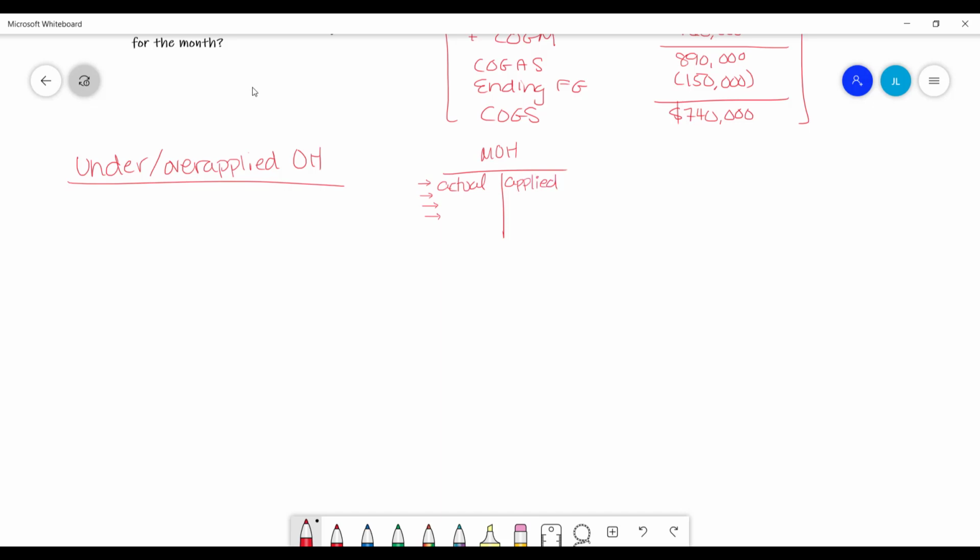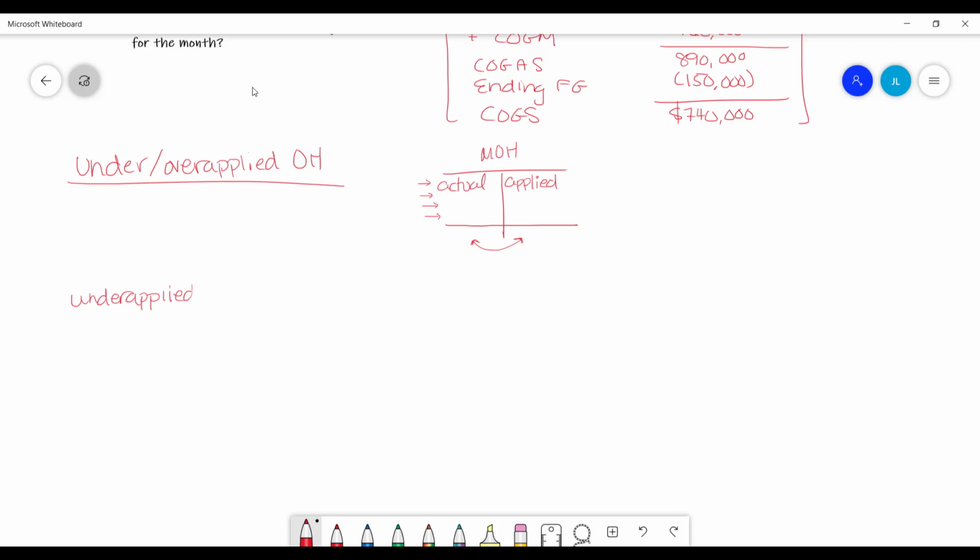When we apply overhead to a job, we credit manufacturing overhead and debit work in process at the same time. But naturally, because this applied number involves estimates, we're probably not going to cancel out here. We're going to have some kind of balance left over. Our debits aren't going to equal our credits, and we're going to have a number left over. So that is going to lead to either under or over applied overhead.